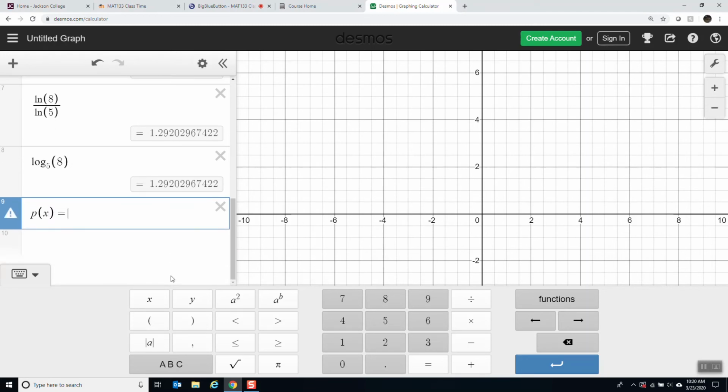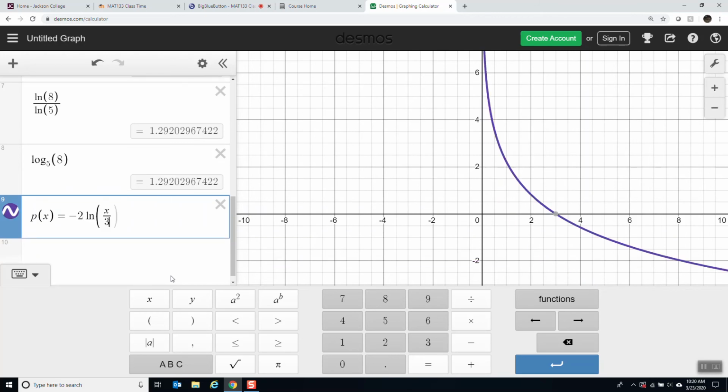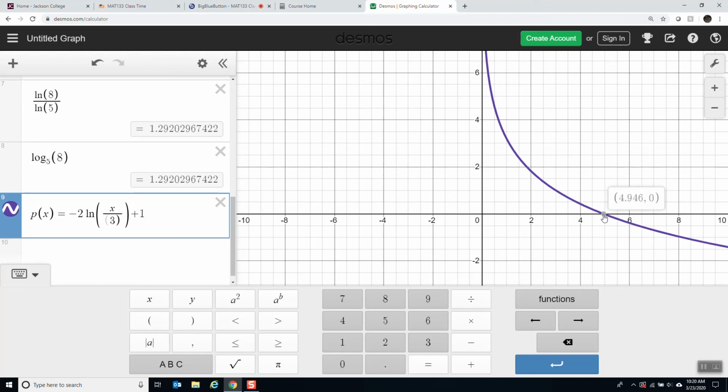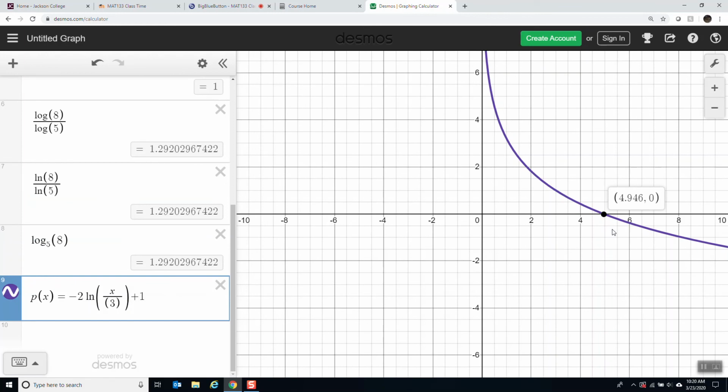P of x equals -2 natural log of x divided by 3 plus 1. And so you can see that the -2 flipped it across the x-axis, and then we're crossing at 4.946 instead of 1. So the shifting up of 1 changed this x-axis value, and so did that 1/3.